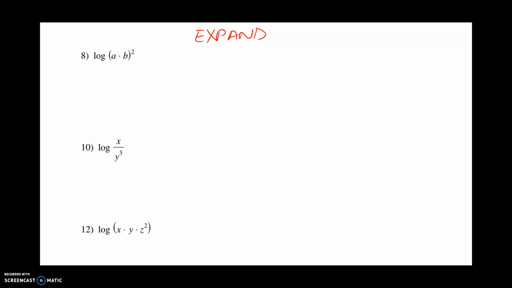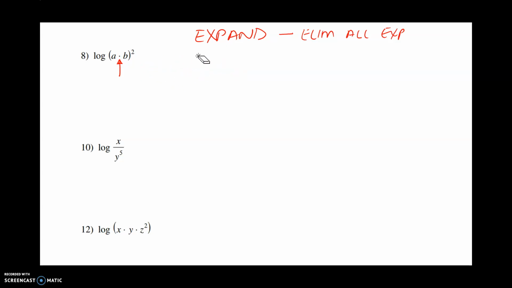All right, so I'm going to expand these. Expand means I break them apart and eliminate all exponents. The first thing I'm going to do is notice that this is a multiplication, so I can break this into the log of A plus, oops, look what I didn't notice.